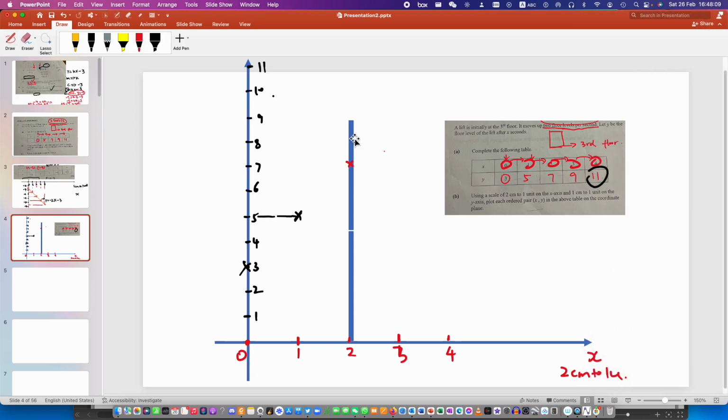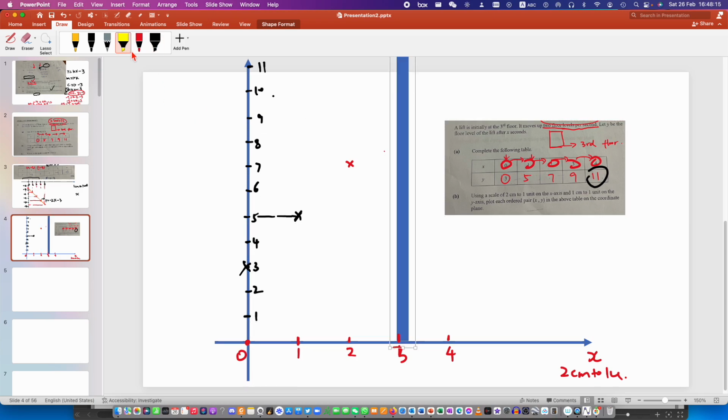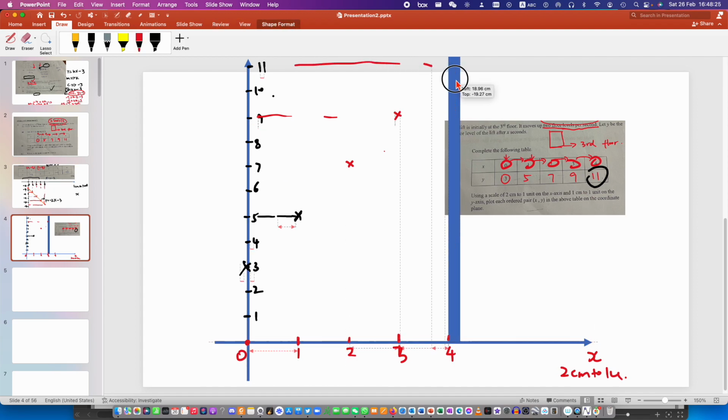That's why a long ruler is the best. 4 and 11. So always prefer a long ruler if you have. So once you get all these points, just link it up.